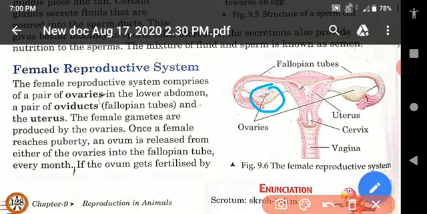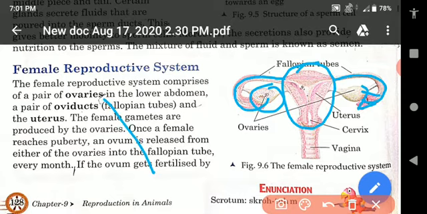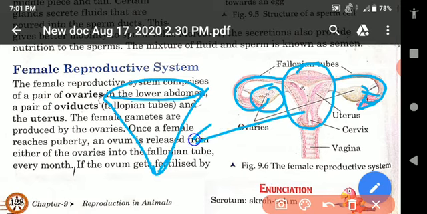Once again, there is an ovary. The ovary is connected with the fallopian tube, not directly, and the fallopian tube is connected directly with the bag-like structure, which is an inverted triangular structure.